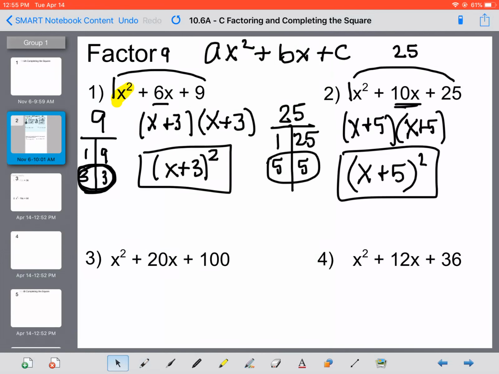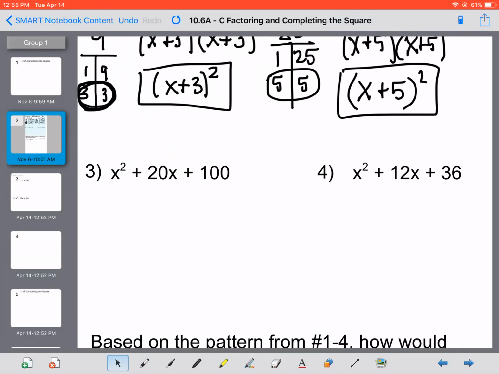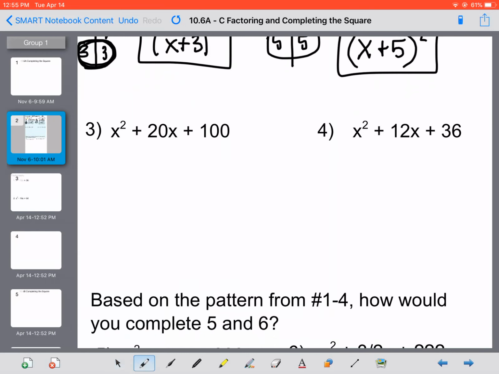So if we take a look at number 3, again, our a value is 1, so we want to multiply to 100, but add to 20. So if we think about our list of 100, it goes for a while.